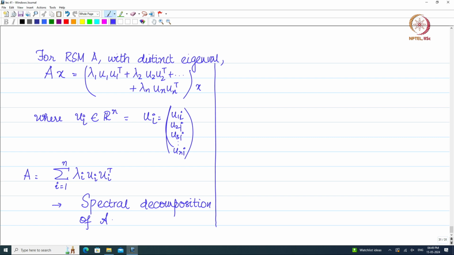Now with that we get on to the next topic, which is quadratic forms. What do we mean by a quadratic form? We will take a simple example.